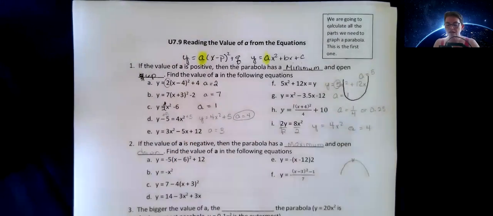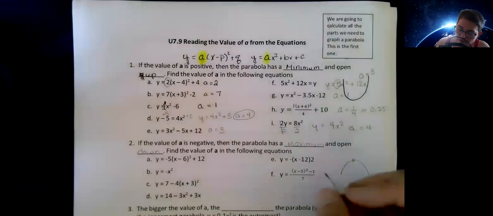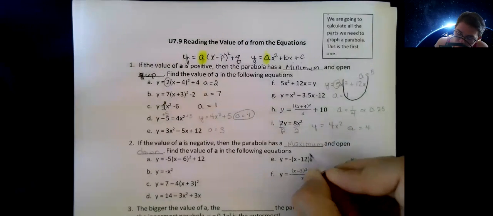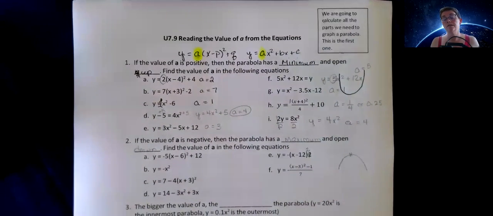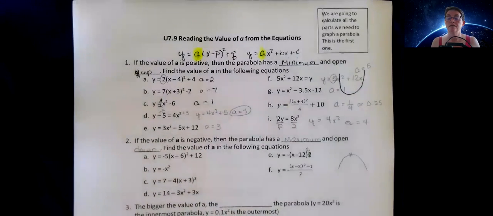Find the value of A in all these equations. Oh, before we go further, that one there should have been a little 2 up there. So seriously, this time for sure, pause the video, do these 6 questions, and then turn it back on.